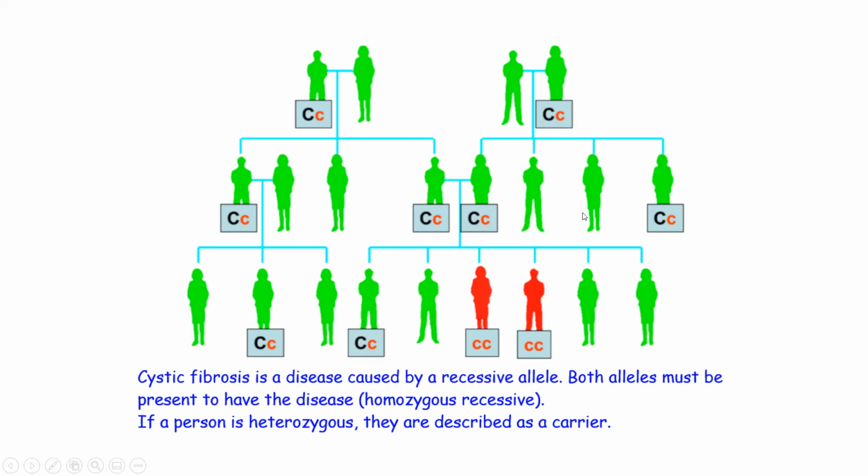But sometimes we do not always get the outcome that we expect. So if we have a look at the 2 individuals who have produced the people with the disease, they are big C, little c. So we would expect that if they were to have 4 children, 1 would have the disease and 3 would not have the disease. But why is it that we don't always get the ratio that we expect?